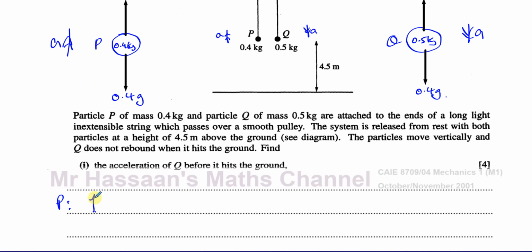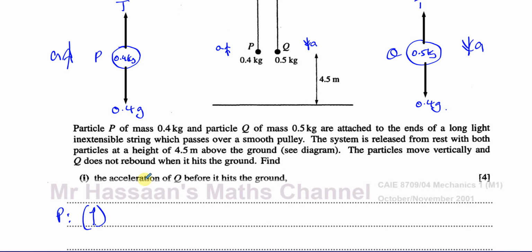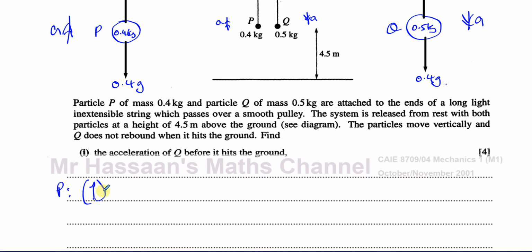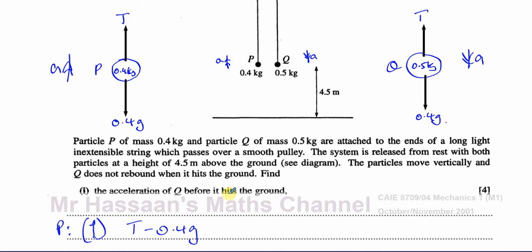Then the resultant force acting on P is equal to mass times acceleration. So the resultant force on P is T minus 0.4G, and that's equal to its mass, 0.4, times its acceleration, which we don't know and have to find. So here we have two things we don't know, the tension and the acceleration.